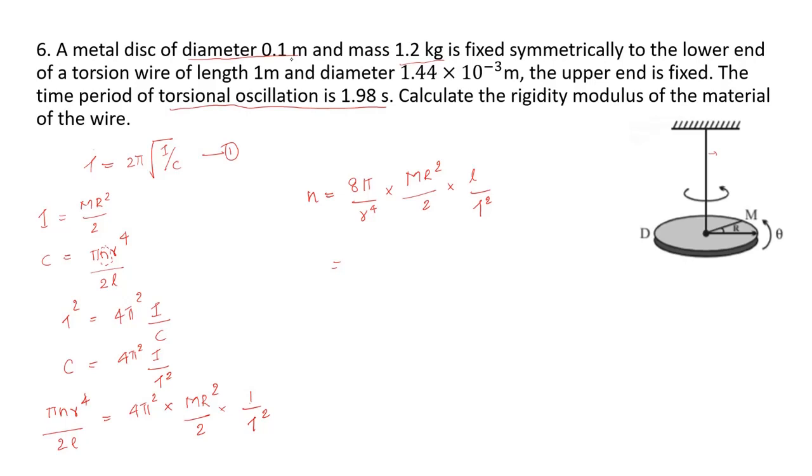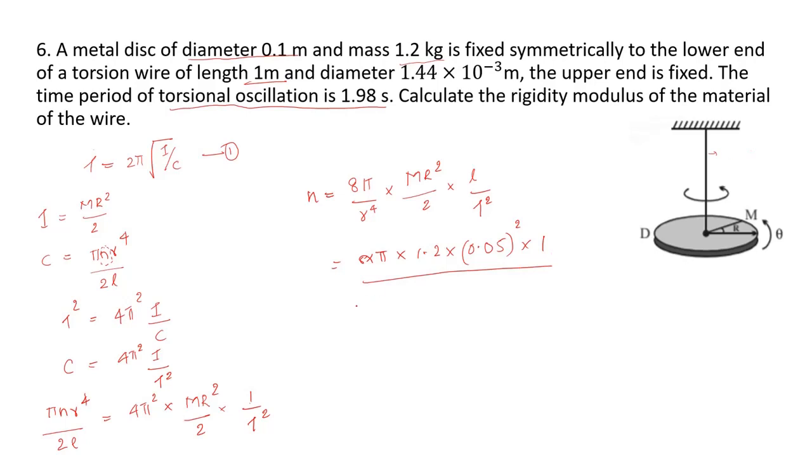So, dividing by 2, that is 0.05 meter is the radius of the disc, and let's substitute all the values. 8 into pi into mass, which is 1.2 kilograms, radius is 0.05 meter squared, into the length of the wire. The length of the wire is given as 1 meter.